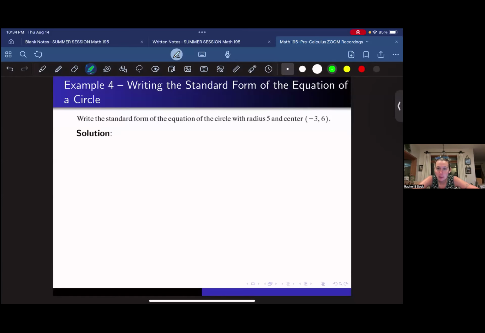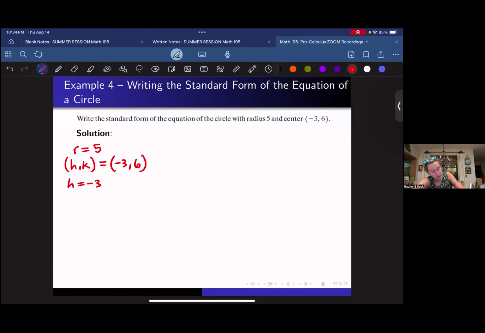All right. So let's do example 4 together now. And so we're asked to write the standard form for the equation of the circle with a radius of 5 and a center point, h comma k, of -3 comma 6, which tells us that our h is -3 and our k is 6.